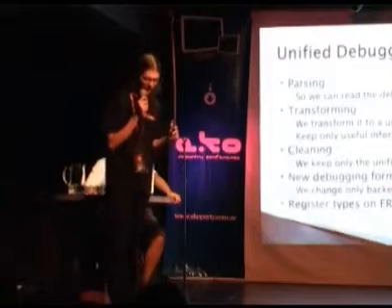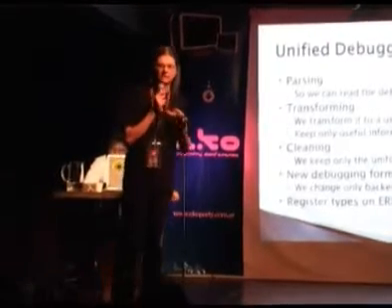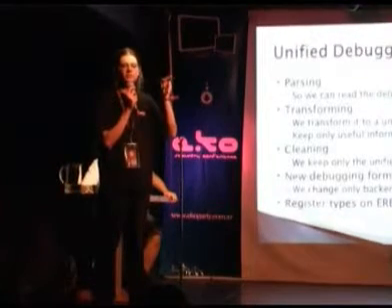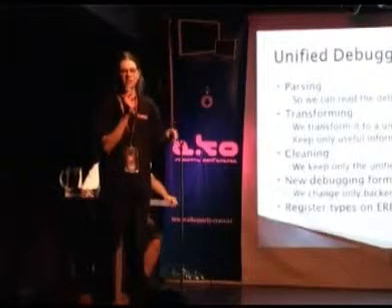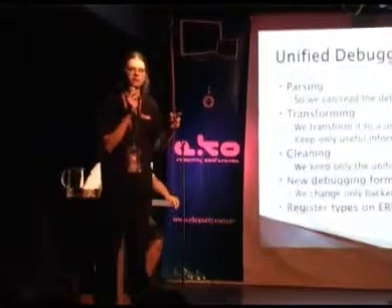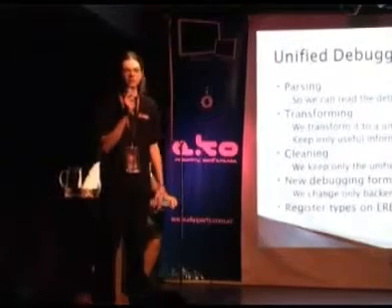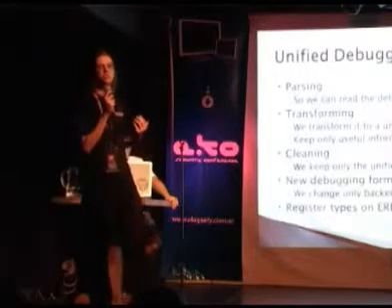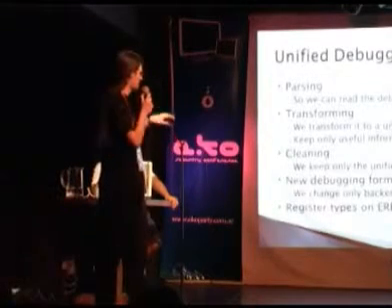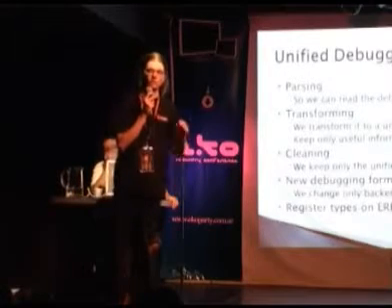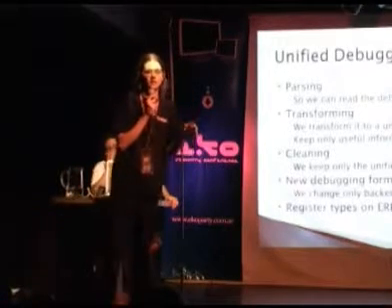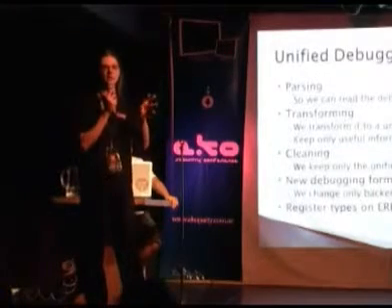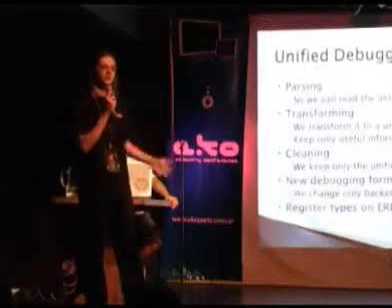Right now we can parse at least stabs and dwarf, and if we have information from these two different debugging formats, we can parse both and store unified information in our debugging format. Every time we want to add support for a new debugging format, we just have to change the backend part: how we parse it and how we transform it to our debugging format. The rest of the debugger doesn't have to worry about a new debugging format.